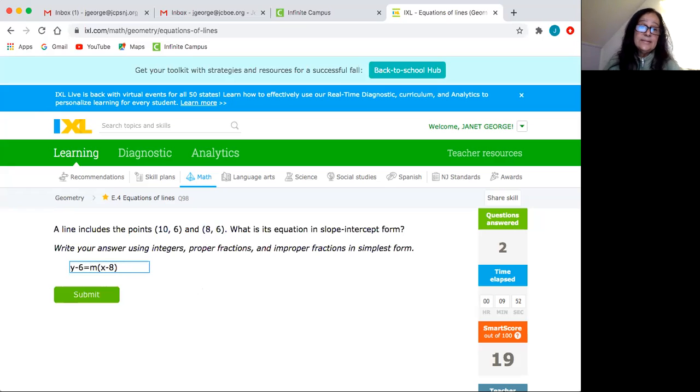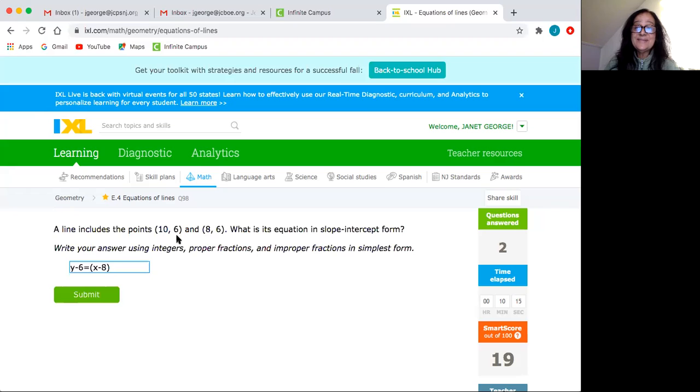All right, and then now remember, you need to replace m with a number. How do you get the m, the slope? y2 minus y1 over x2 minus x1. Or you can say, okay, y minus y over x minus x.